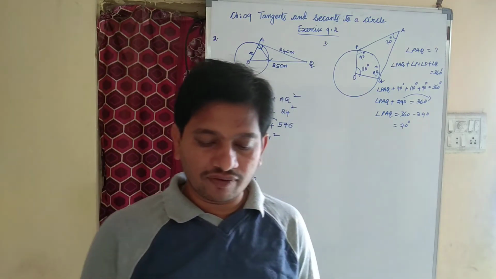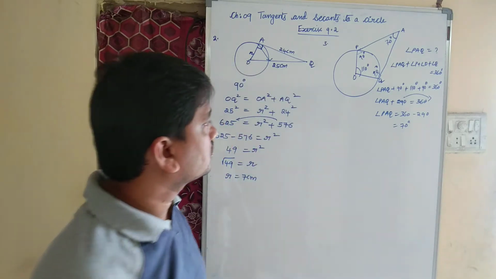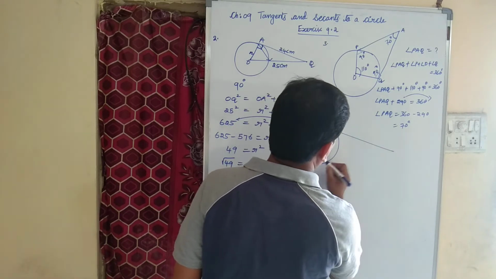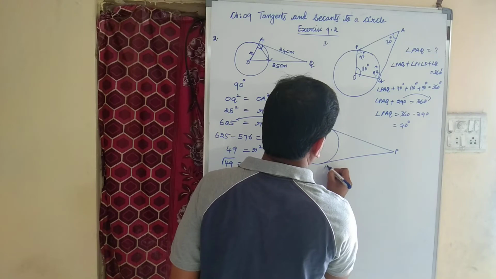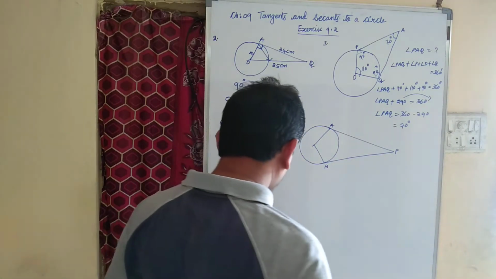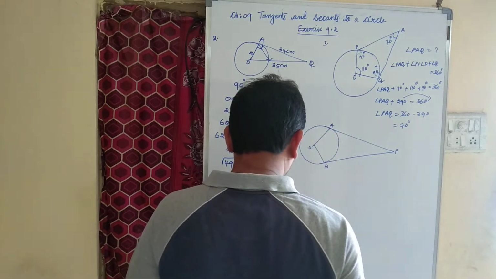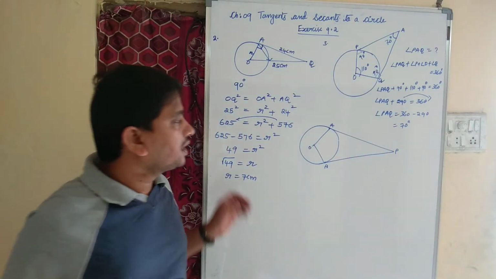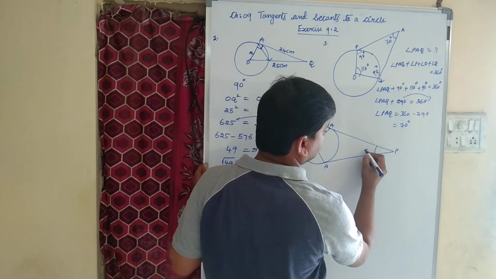Next, if tangents PA and PB from a point P to a circle with center O are inclined to each other at an angle of 80 degrees, then angle POA is equal to. Given, they are inclined to each other at an angle of 80 degrees. Tangents PA and PB are inclined to each other at an angle of how many degrees? 80 degrees.